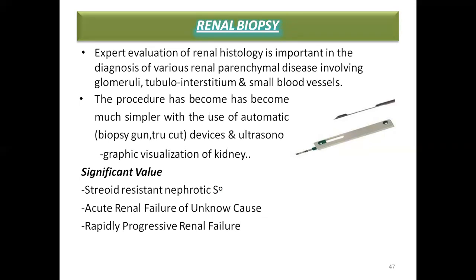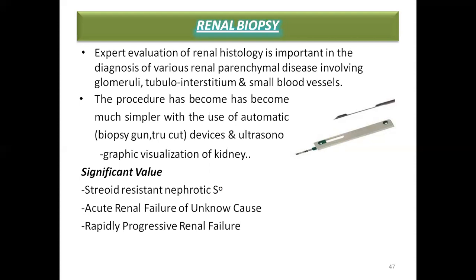Evaluation of renal histology is important for diagnosis of various renal parenchymal diseases involving glomeruli, tubulointerstitium, and small blood vessels. This procedure has become much simpler with use of automatic devices and ultrasonographic visualization.